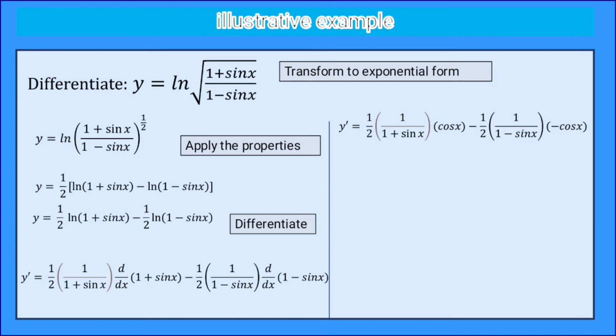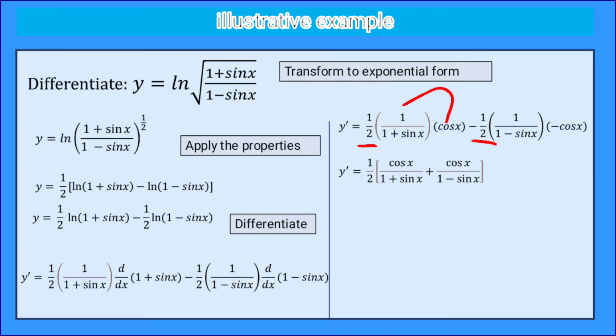And the next thing that we need to do is simplify. Since we have the same constant 1/2, let us move it to the beginning of our expression and then combine those terms. So we have y prime equals 1/2 times the cosine x. Why did it become cosine x? Because we multiply 1 times cosine x.